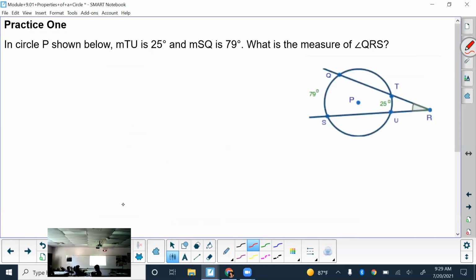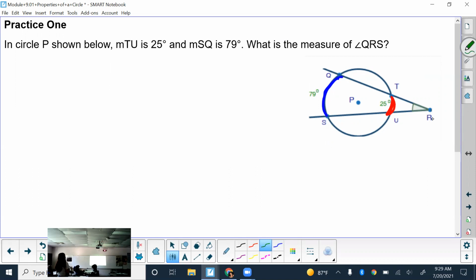Practice 1. In circle P, shown below, the measure of TU is 25 degrees, that's already labeled. The measure of SQ is 79 degrees, already labeled. What is the measure of angle QRS?